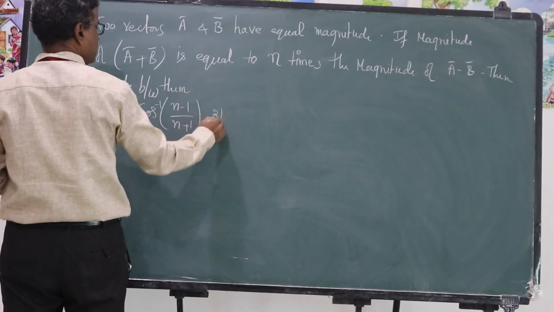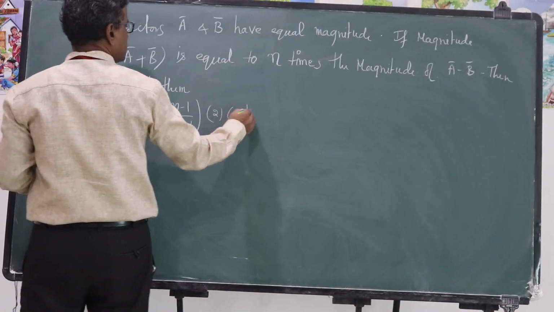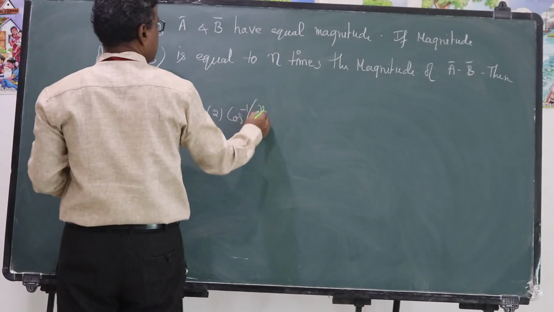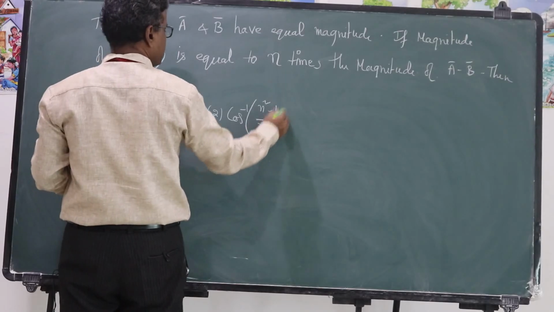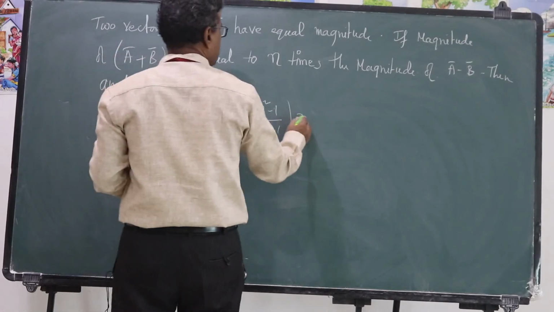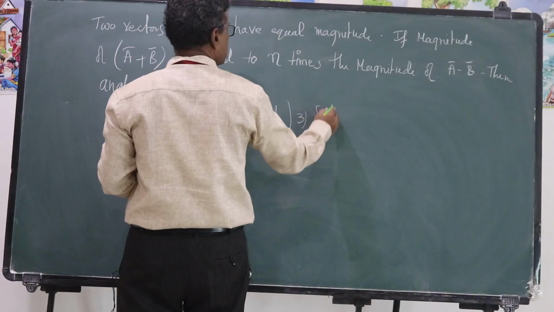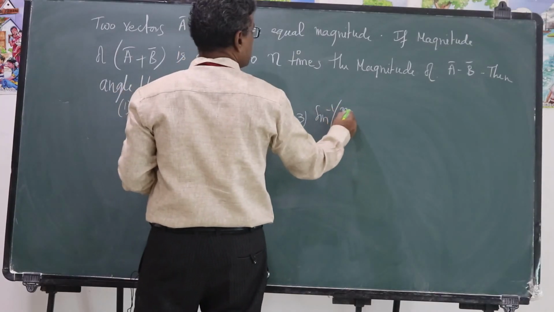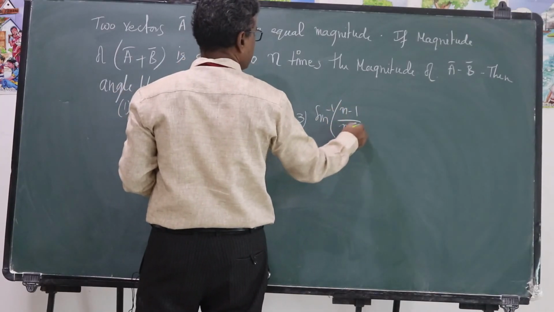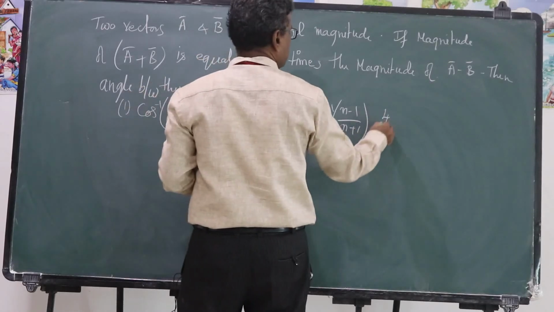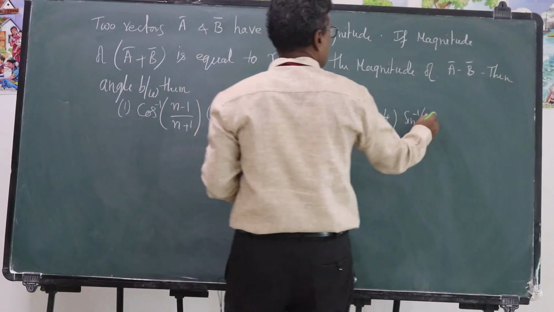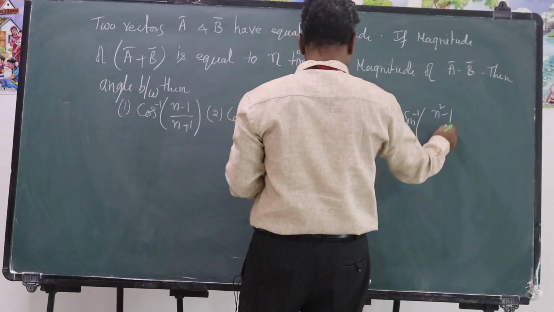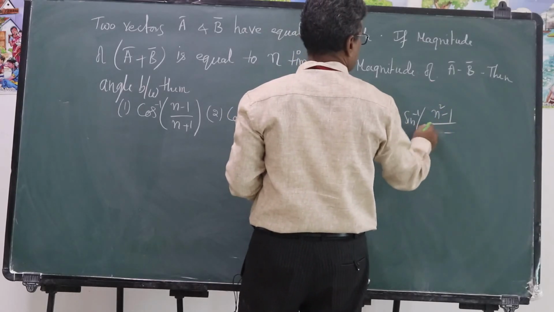Second option, cos inverse n square minus 1 by n square plus 1. Third option, sin inverse n minus 1 by n plus 1. Fourth option, sin inverse n square minus 1 by n square plus 1.